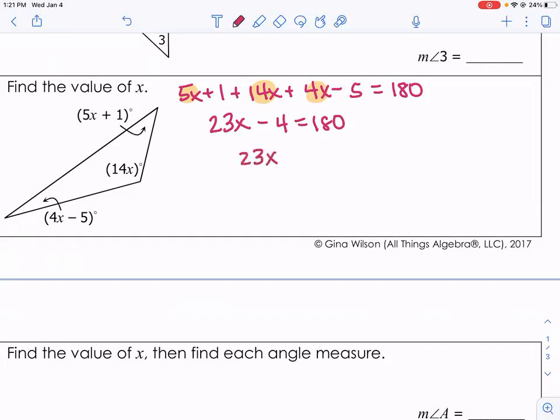We had late start. Okay, so if 23x equals 184, good, Brett. Okay, now use that calculator brain of yours to take 184 divided by 23.